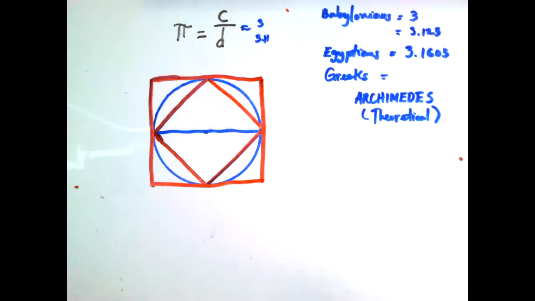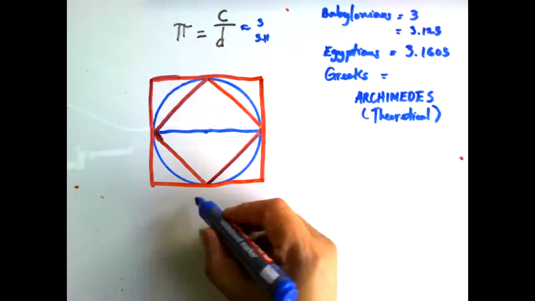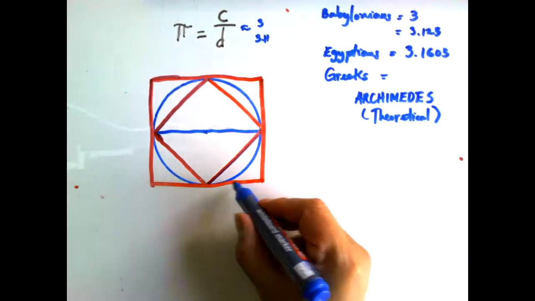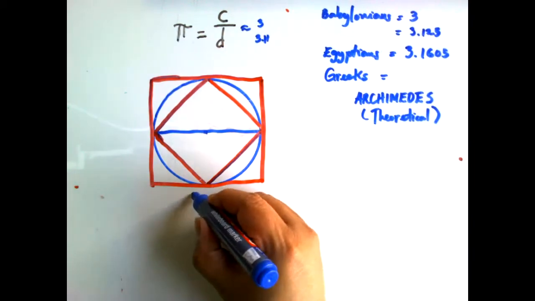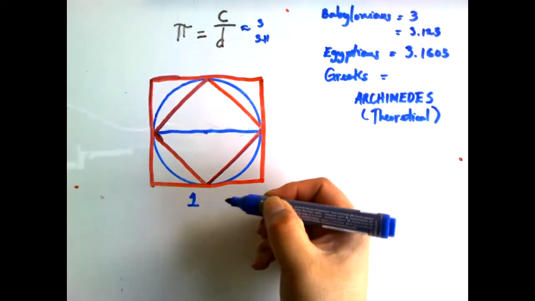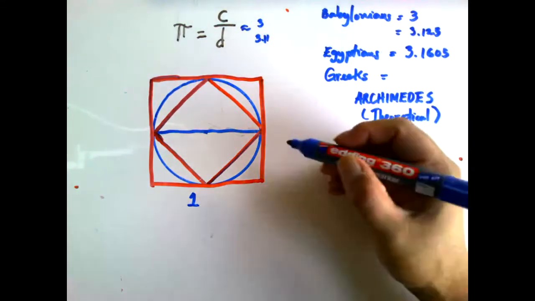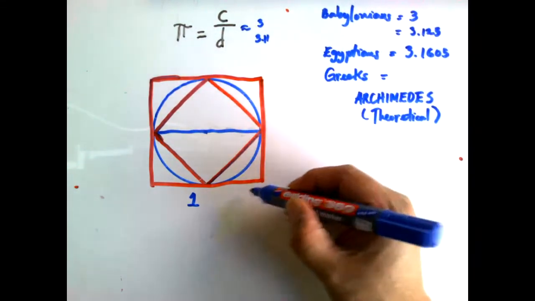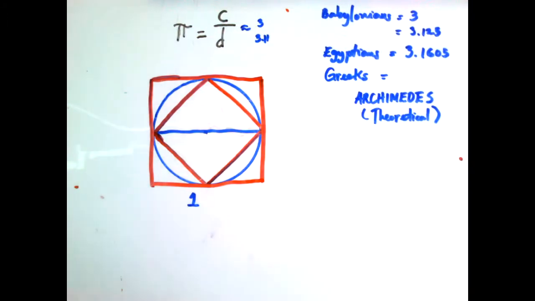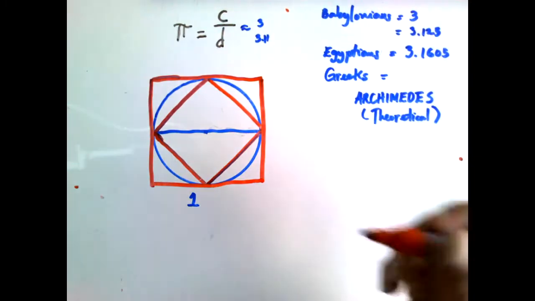Now, here we think about it. Let's say that this length of the side of a square is 1. It could be 1 centimeter, it could be 1 meter, it could be 1 foot, doesn't really matter as long as it's 1. And so, then what Archimedes did is calculate the perimeter of the bigger square. So how do we get the perimeter? We just add all the sides.